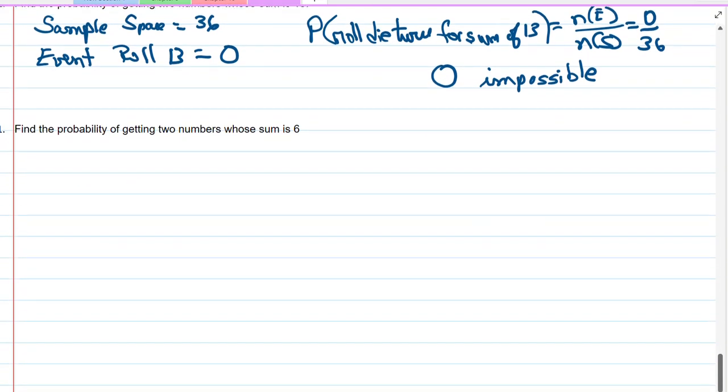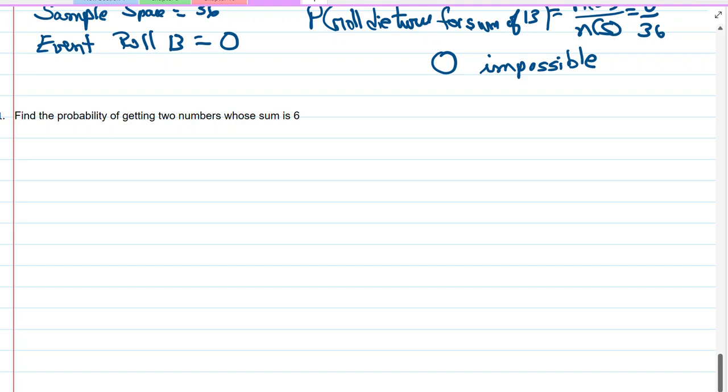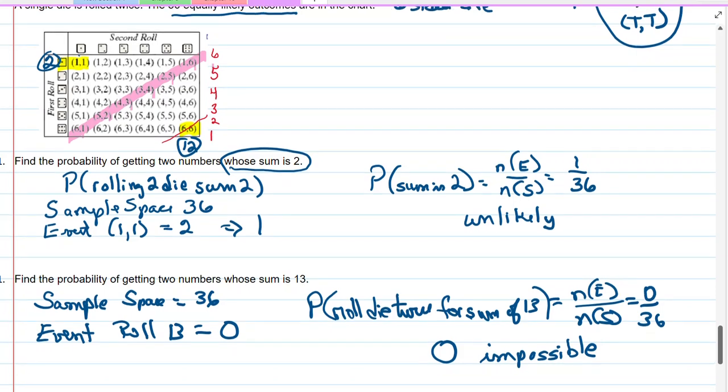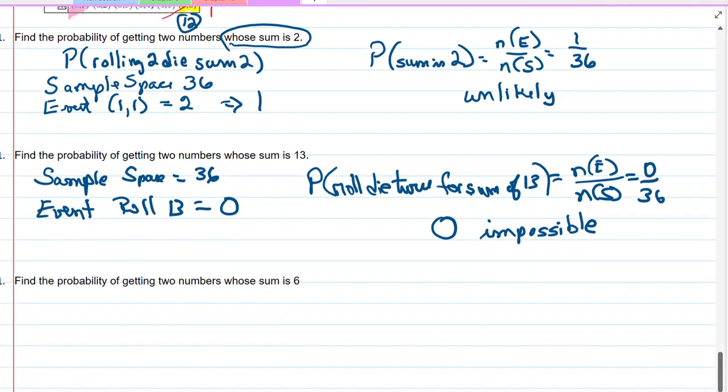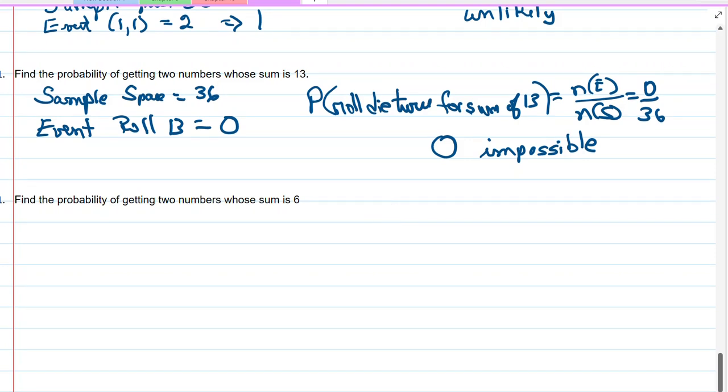It's our last one for this section. Find the probability of getting numbers whose sum is 6. Sorry, not 36; the sample space is 36. Well, 5 and 1 is 6, 4 and 2 is 6, 3 and 3 is 6, 2 and 4 is 6, and 1 and 5 is 6. So we know that this is 5 events. Let's do the construction. Our sample space is 36.